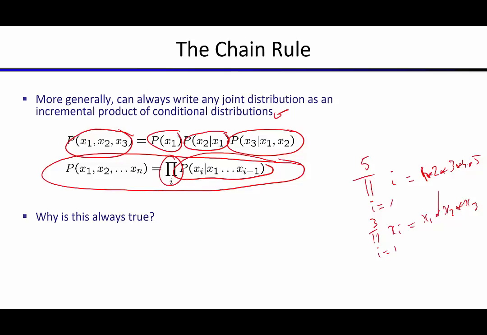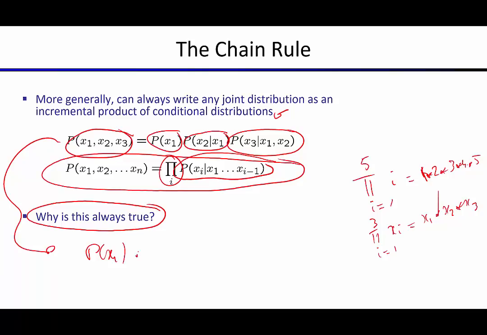Why is this always true? Why can we always write things this way? Well, let's do this by example. Let's look at the very first one here, and you'll see the pattern. So what is going on here? We have p(x1) times p(x2 given x1), which we know is equal to p(x1, x2) divided by the probability for x1.